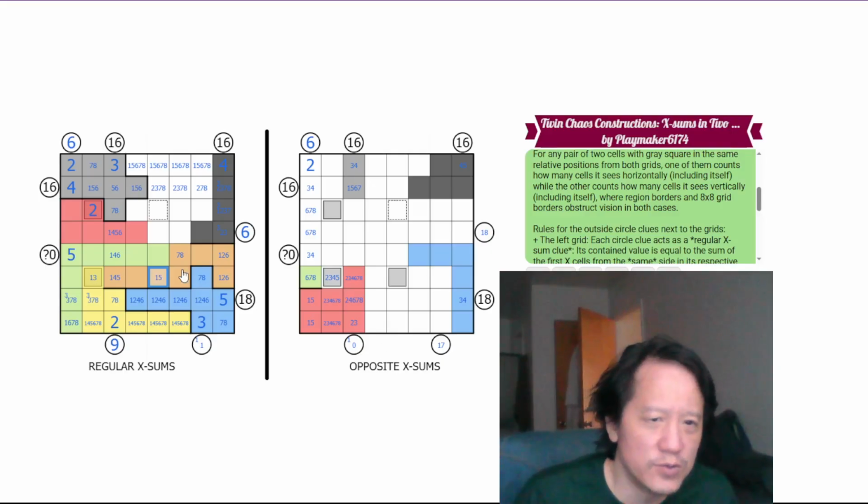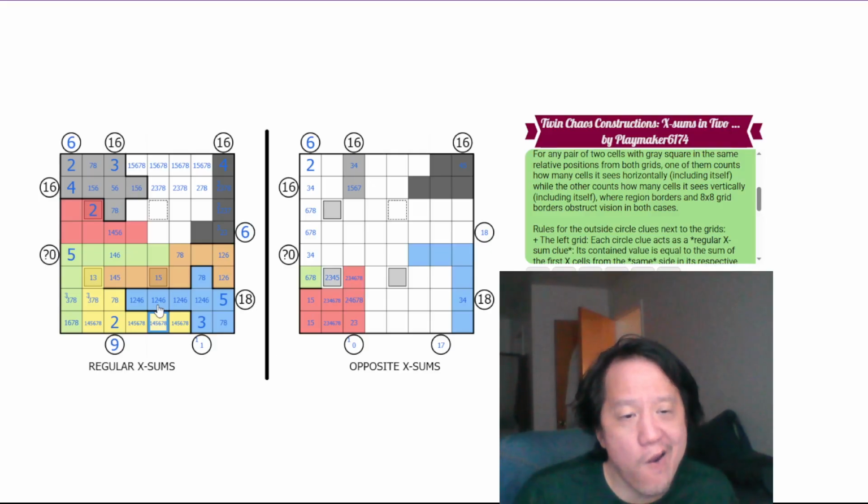So that seems okay. Huh. This 7, 8 has to be one of these two. That isn't helpful. This is convoluted. This is why it's very hard.